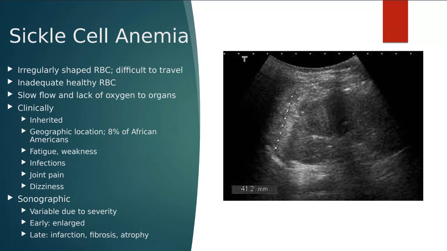So basically our organs are not getting the appropriate amount of blood supply, and our blood supply is responsible for carrying our oxygen. That's how our organs get oxygen and nutrient-rich blood, by our normal, healthy red blood cells being able to travel the way that they should. So you see a ripple effect from sickle cell anemia because of that.